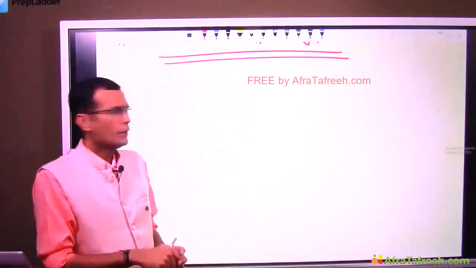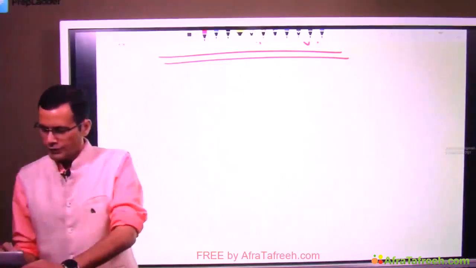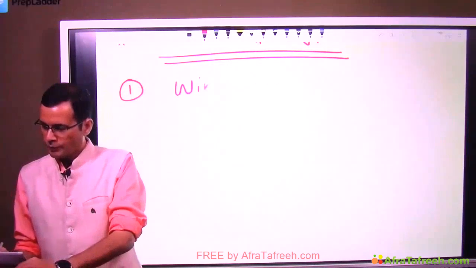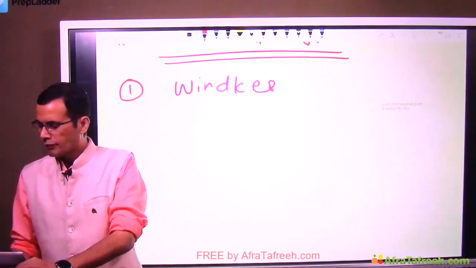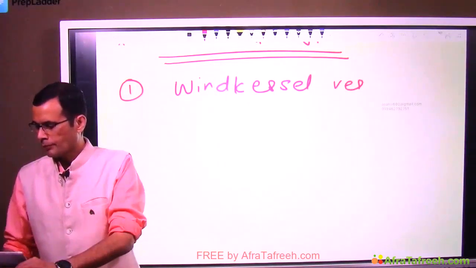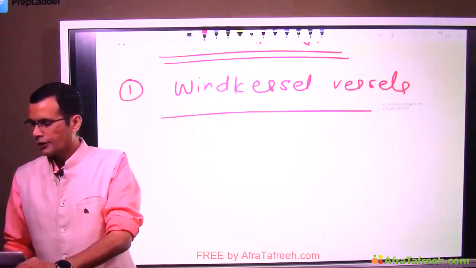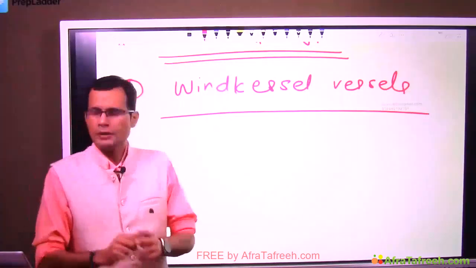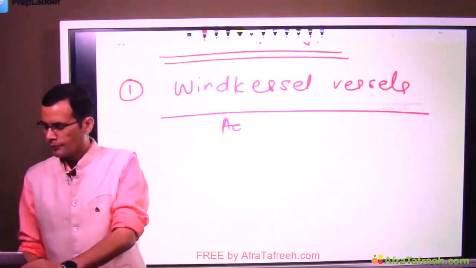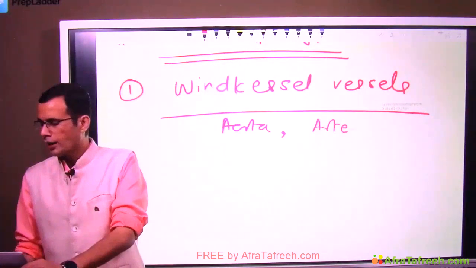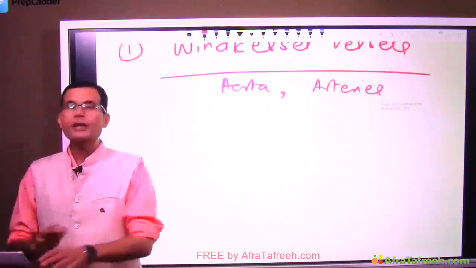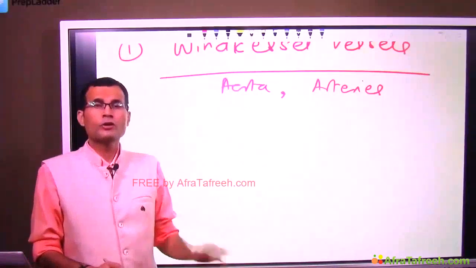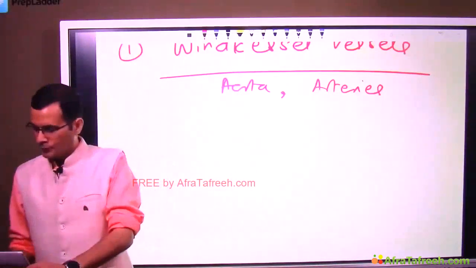Okay, so let's begin. The first functional type is called Windkessel vessels. It's named after a toy, actually. The aorta and large arteries are called Windkessel vessels because they show what is called the Windkessel effect.